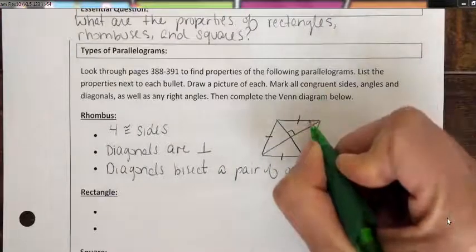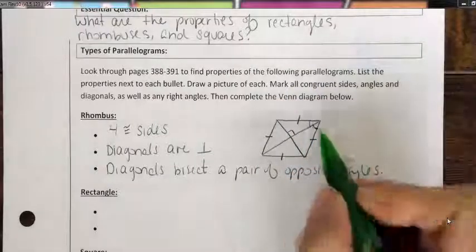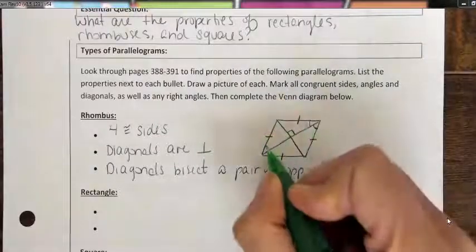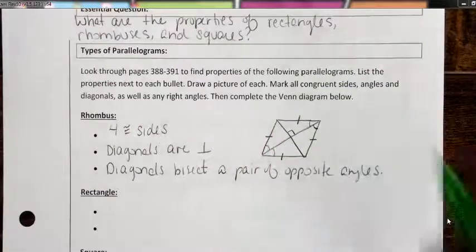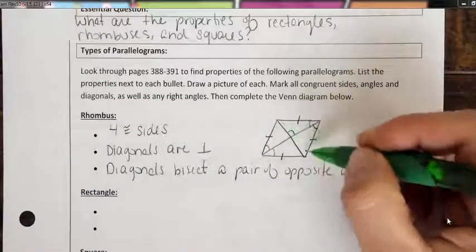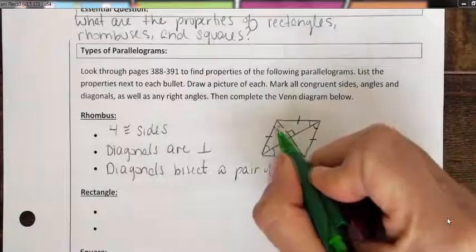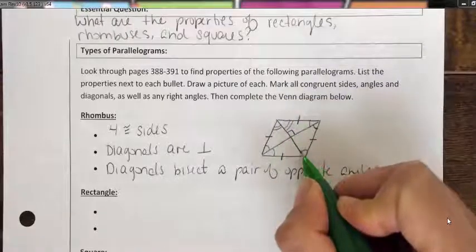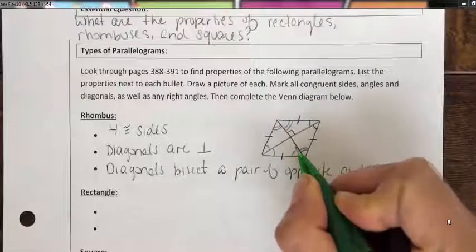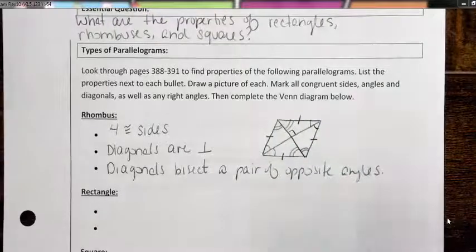So when you bisect it now, this part of that angle is congruent to this part, and those 2 angles are congruent to these 2 angles. And the same goes with the other angles, right? These 2 angles are also congruent, so we're going to bisect those with the diagonal. So I'll make 2 arcs on those. How about that? And those ones are going to be congruent to these ones. All right, so that's a rhombus.